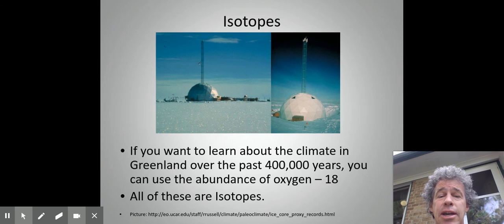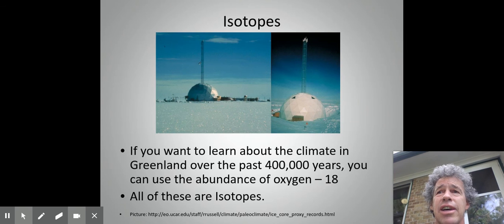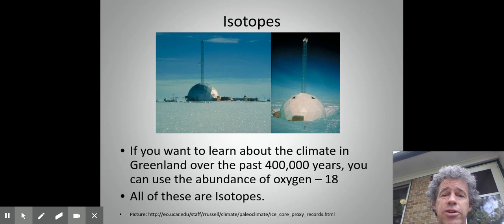If it's colder, less of that oxygen-18 gets into the atmosphere. It tends to fall out earlier. It doesn't get to Greenland or to Antarctica, and you don't tend to get it building up in the snow as much. And again, all of those are isotopes.